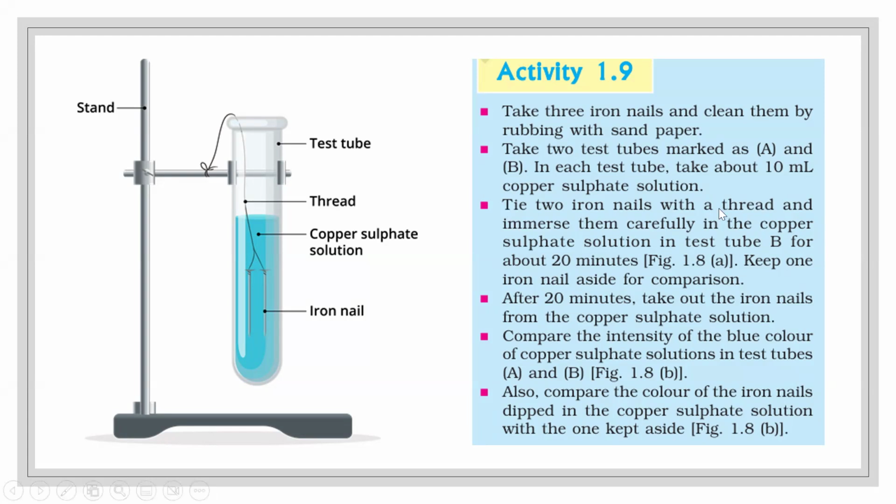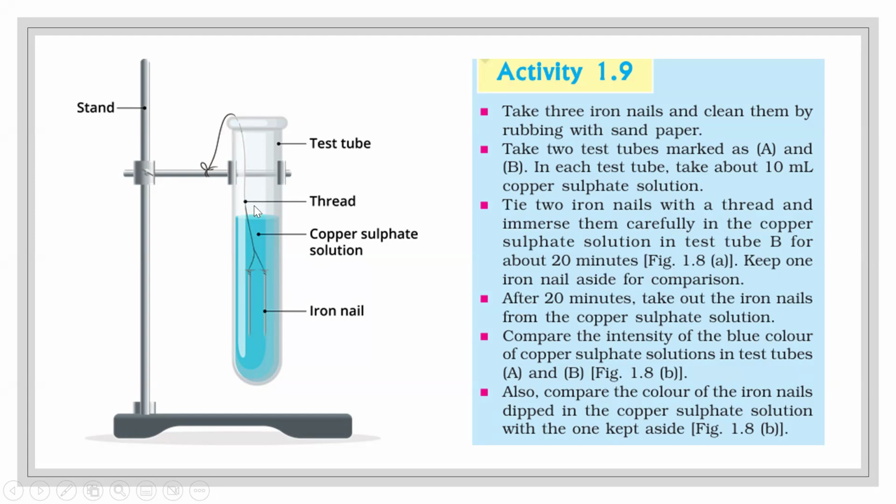Tie 2 iron nails with a thread and immerse them carefully in the copper sulfate solution in test tube B for about 20 minutes. See here, we have to take 2 iron nails, we have to tie them tightly, and then we have to immerse them inside the test tube. Why we have to tie them means, if we don't tie them, we cannot take the iron nails out, right?